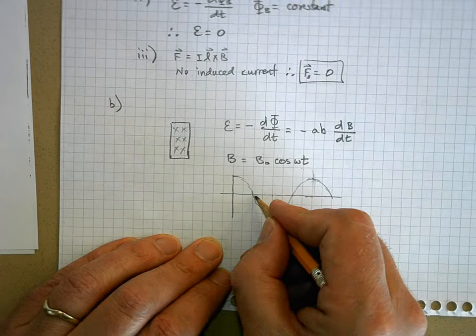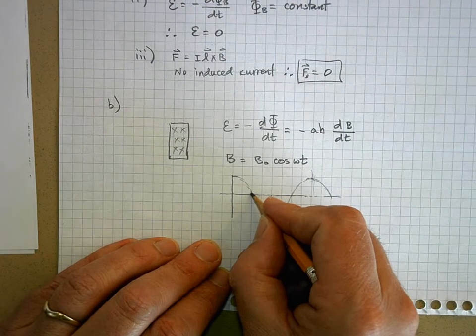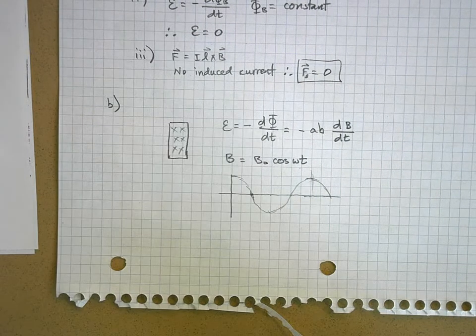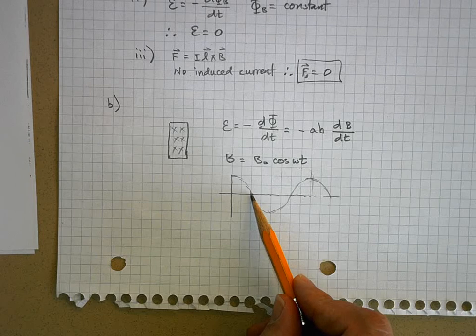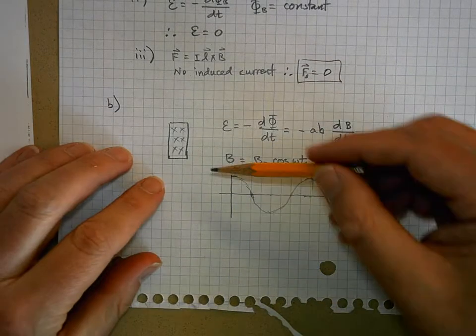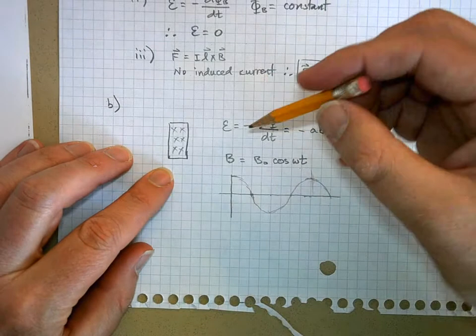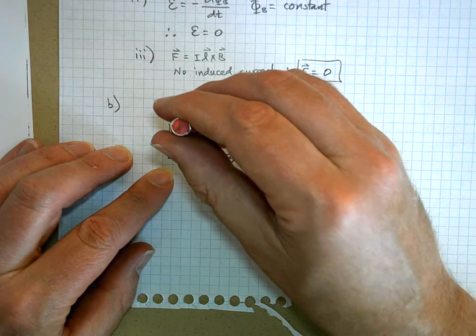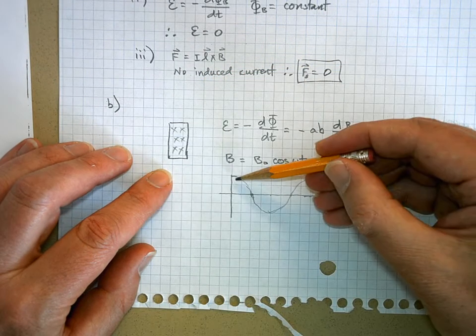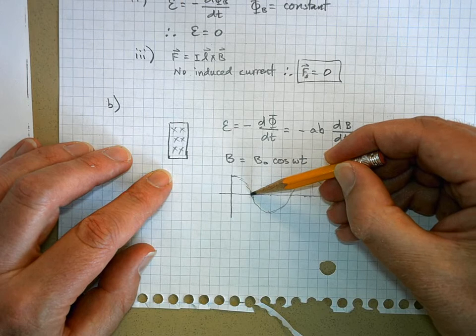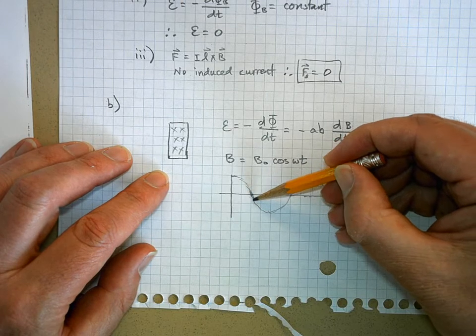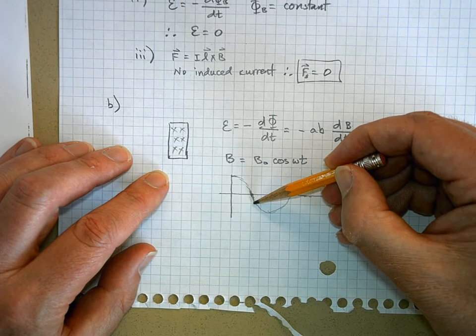So here's pi right here. Now what's the magnetic field? It's going to be 0. In other words, the magnetic field was into the page, wasn't it? But it's less and less into the page, and here we have the maximum rate of change of magnetic flux.